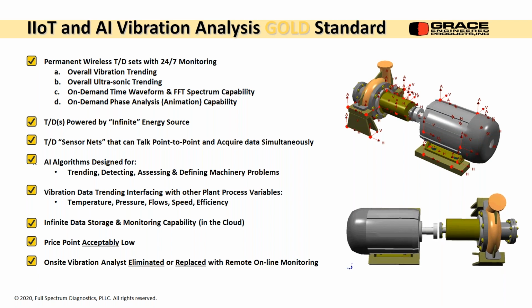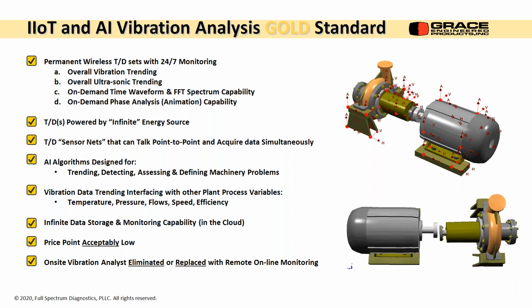So this is something I've done the last couple of years, and I continue to look at where the technology is going with a wireless transducer, in-cloud data storage, all that type of stuff. The gold standard, the thing that everybody's looking for, is the permanent wireless transducers, 24/7 monitoring that can do a lot of things.